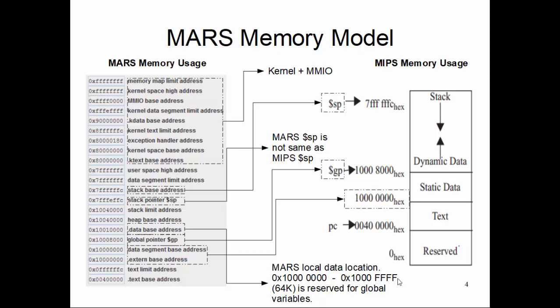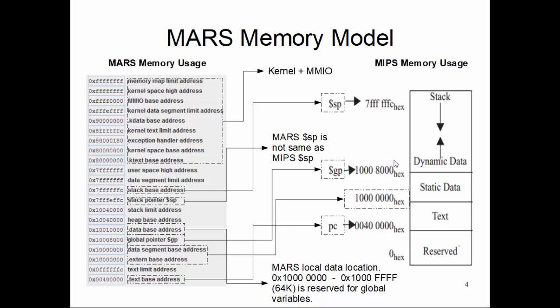From that address your heap starts growing. And the text base address is pointed to by the program counter, which is the same in Mars and the MIPS usage suggestion, 00400000.